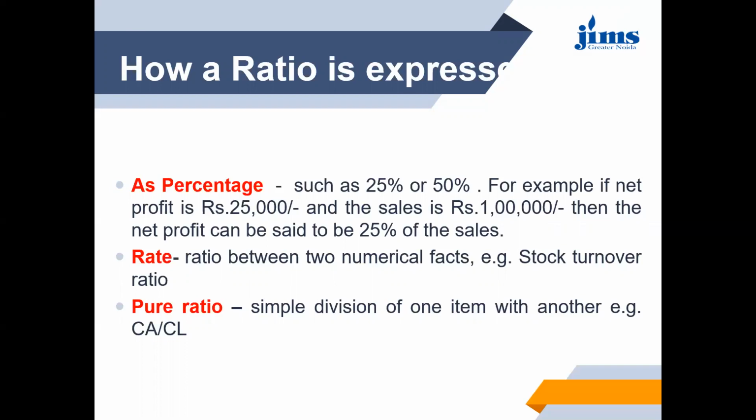So a rate is generally like stock turnover ratio: how many times is the stock over the sales, or how many times is debtors over the sales. So rate is say 5 times or 6 times. But in pure ratio, we have like 1:2 or 2:1. This is the ratio.